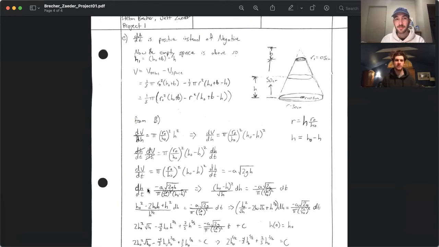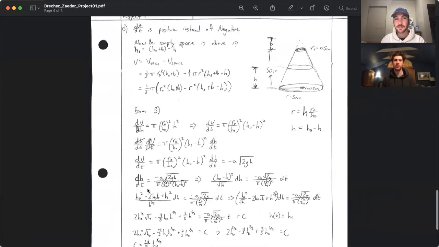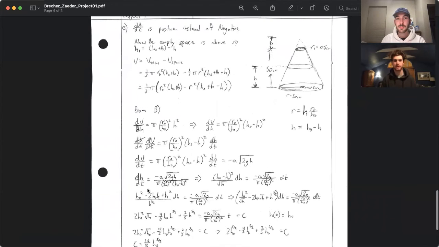So we basically went back to part B, to square 2, I guess, and redid our integral. But this time, because the cone is flipped over, the heights are a little bit different. So we were able to substitute and rename h to h naught, the total height, minus h.